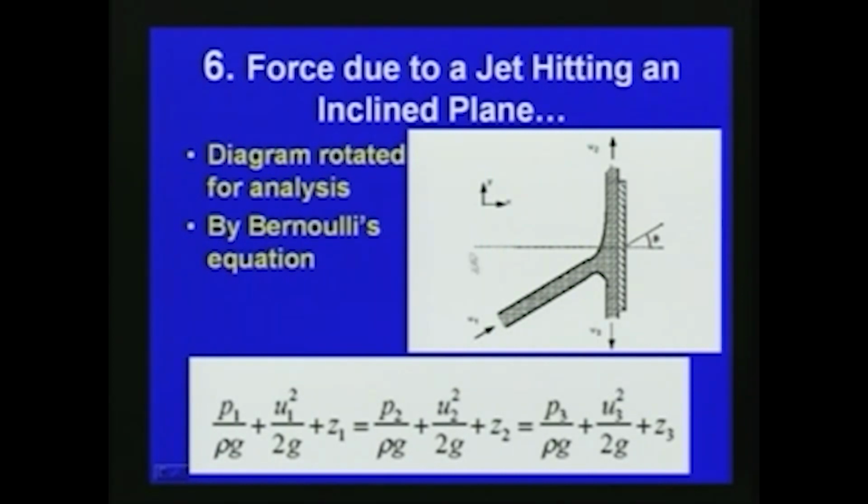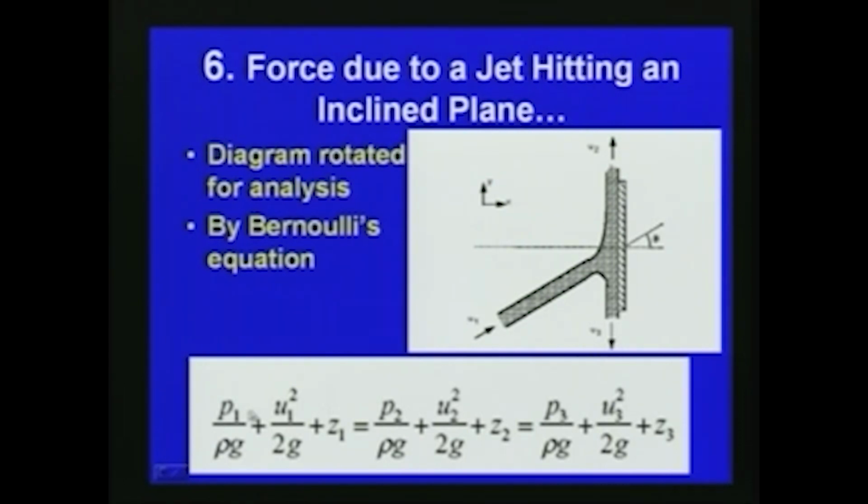Now if we use Bernoulli's equation with respect to this figure, as in the previous case we consider a control volume: P1 by rho g plus u1 square by 2 g plus z1 is equal to P2 by rho g plus u2 square by 2 g plus z2, is equal to P3 by rho g plus u3 square by 2 g plus z3, if we consider three positions here, here and here.